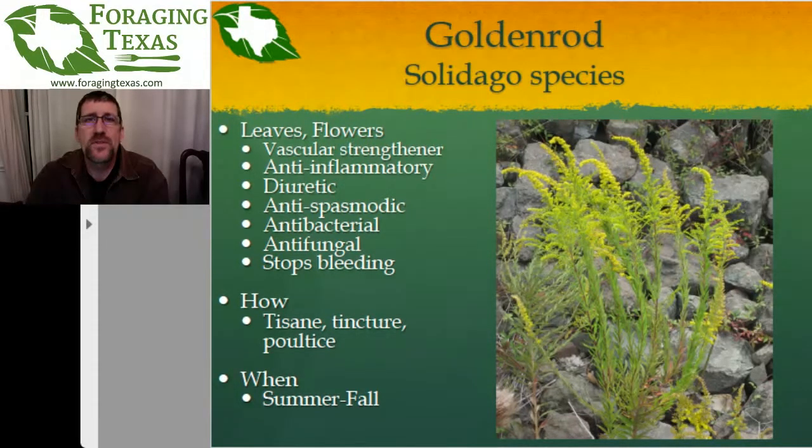So think of a great example would be varicose veins. A great example of a vascular strengthener is the effects of goldenrod on varicose veins.